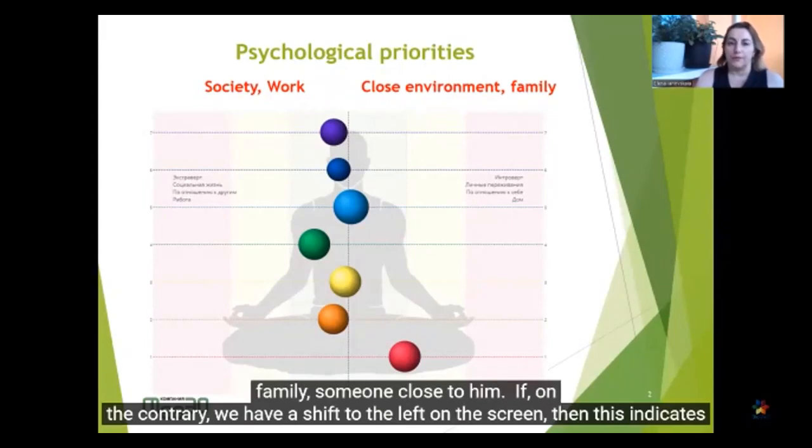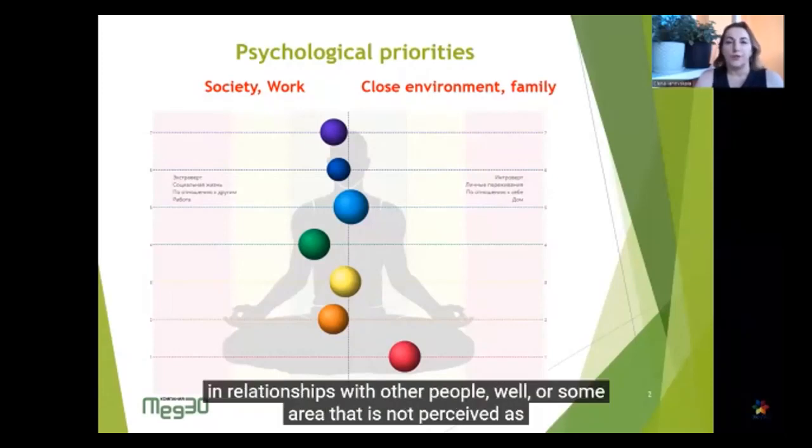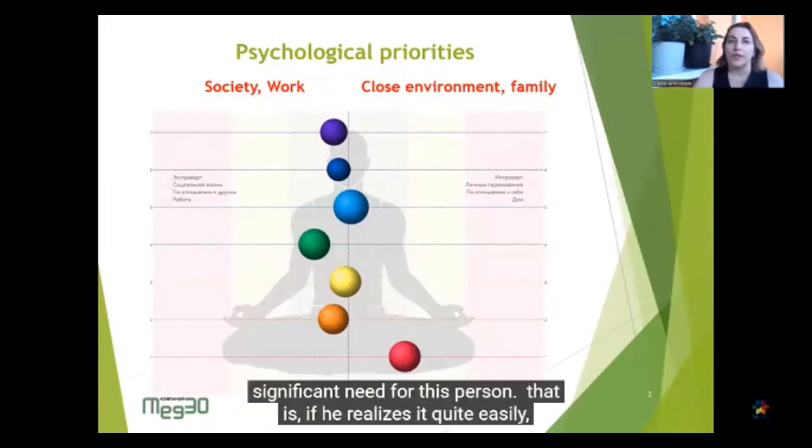So it goes to the right side, the introvert, family. And on the contrary, if it deviates to the left side of the screen, the person has some social things, relationships with other people, some area that is not perceived as close to himself. And the further away the chakra is from the center, the higher or more significant these aspects are for the person's life.